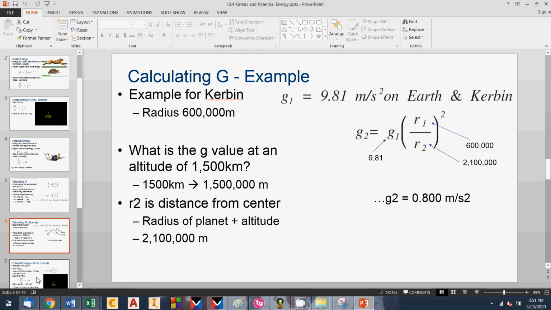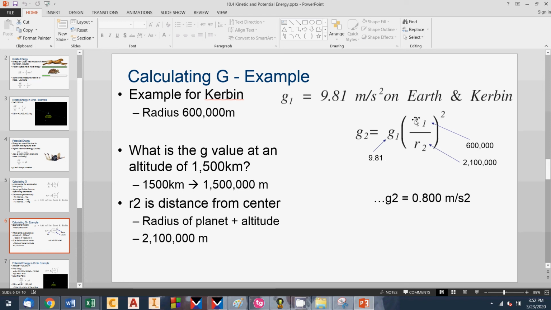So let's do an example here. Let's say that we are in orbit and we are at 1,500 kilometers. All right. So let's plug in what we know. We know the G1 value on the surface of Kerbin is the same as Earth, 9.81.